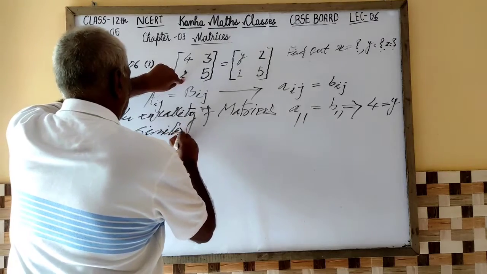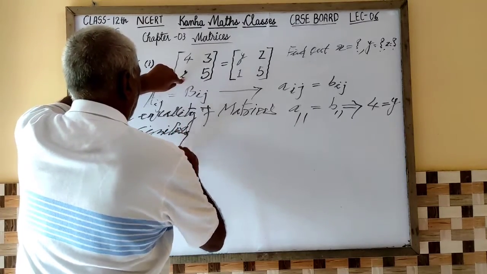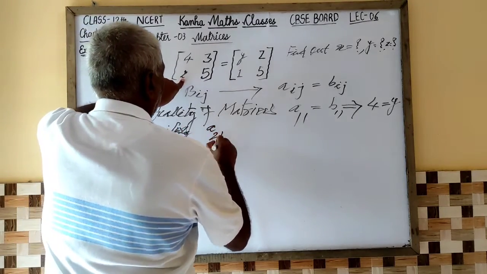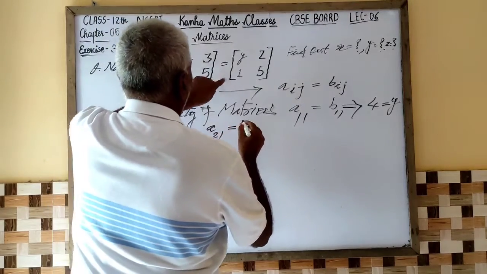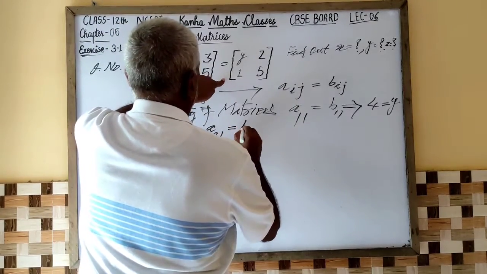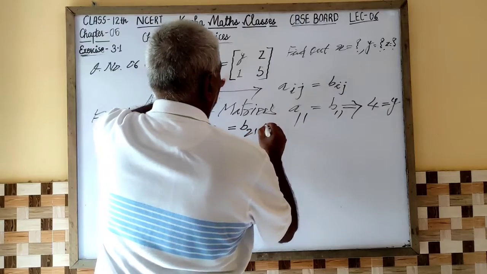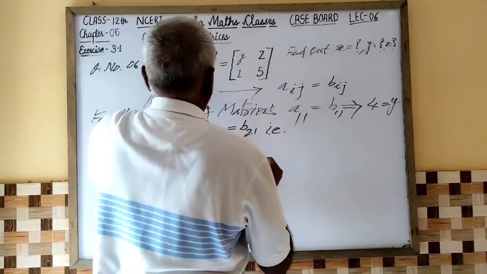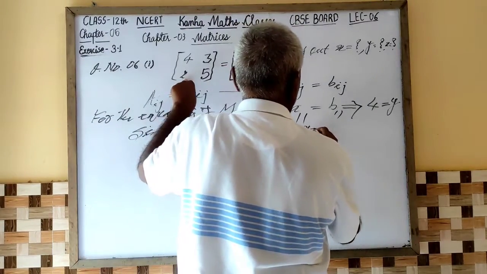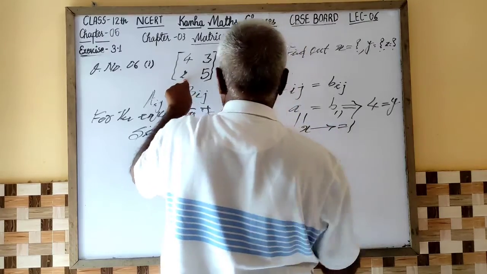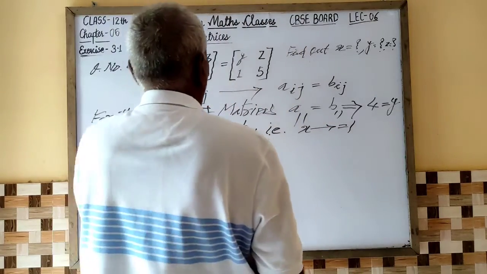Similarly, A21 is equal to B21, that is, x is equal to 1.